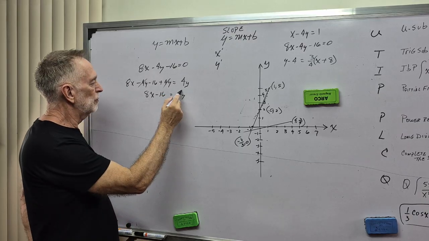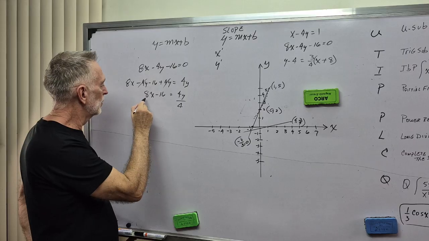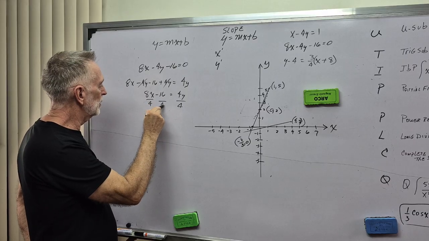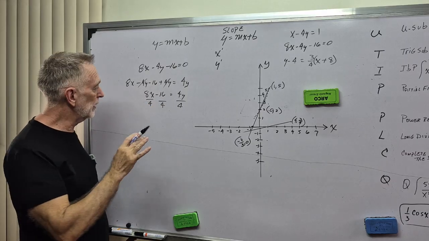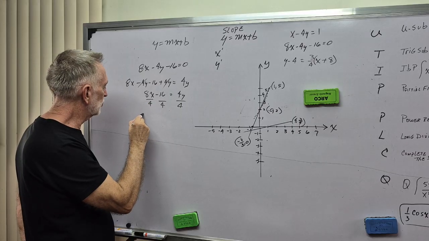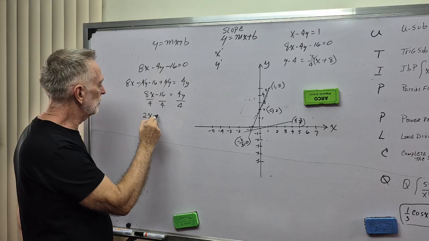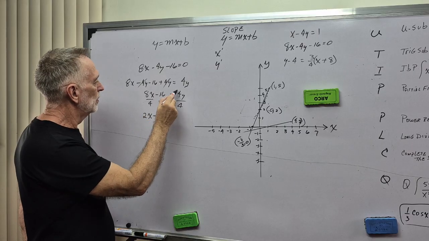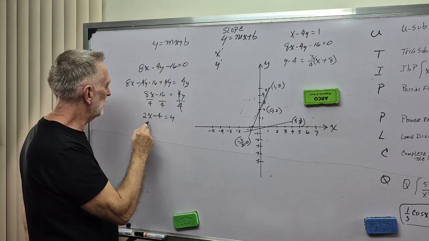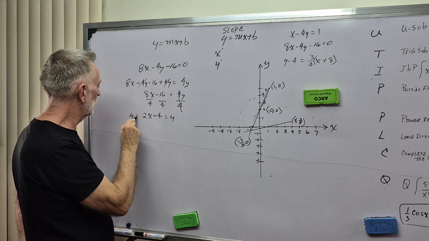Now if I divide both sides by 4, I'll just go ahead and break it out like that. Okay, 8 divided by 4 is 2, so I have 2x minus 16 divided by 4 is 4. That's 1, so y equals 2x minus 4.